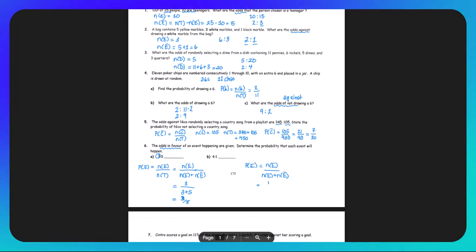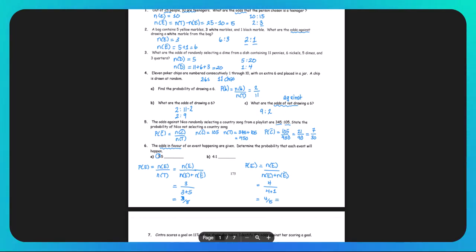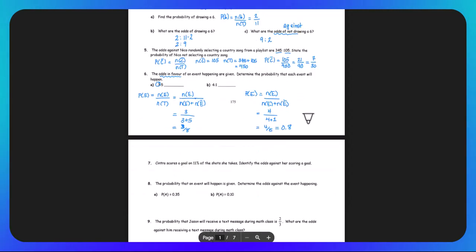So that's going to give us 4 over 4 plus 1, which is 4/5. Now this one actually makes a nice decimal, so let's put it in there just so you know that we can still use decimals. To one decimal place, it is 0.8. So the probability of the event happening when the odds are 4 to 1 is 0.8.